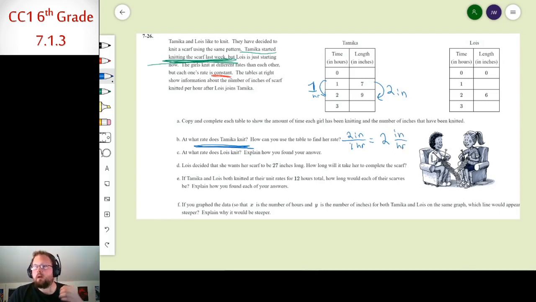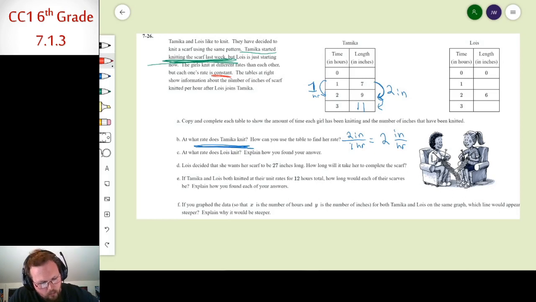If you then work backwards, she knitted 2 inches of scarf, then she knits 2 more inches of scarf. Well, 7 plus 2 is 9, plus 2 is 11. Okay, 7, 9, 11, that's pretty easy.